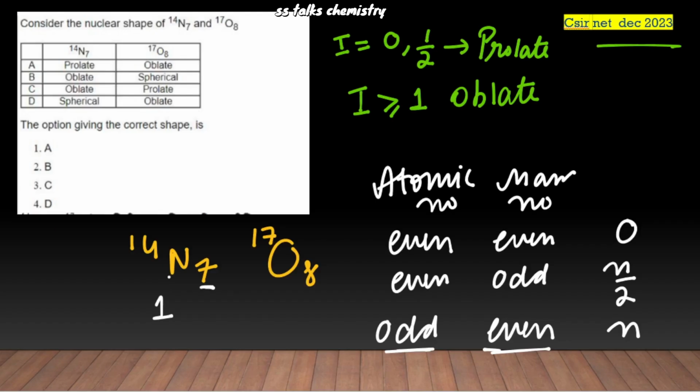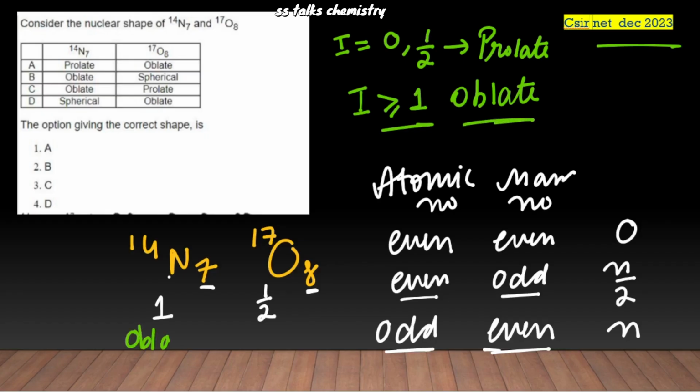And for oxygen, the atomic number is even and the mass number we get is odd, so the I value is going to be half, right? If the I value is 1, the molecule is oblate.